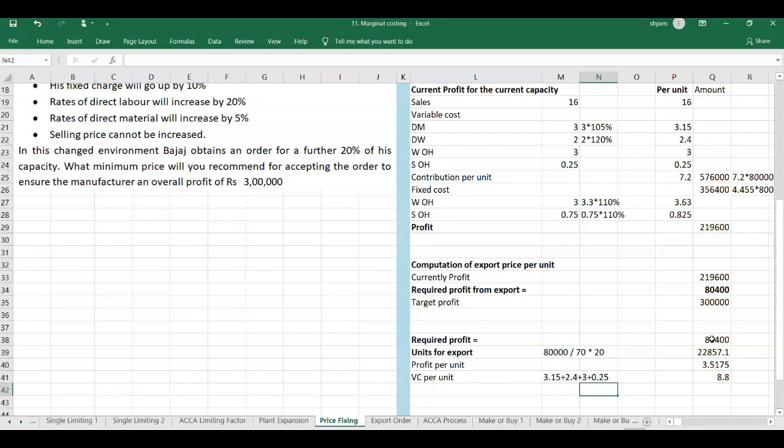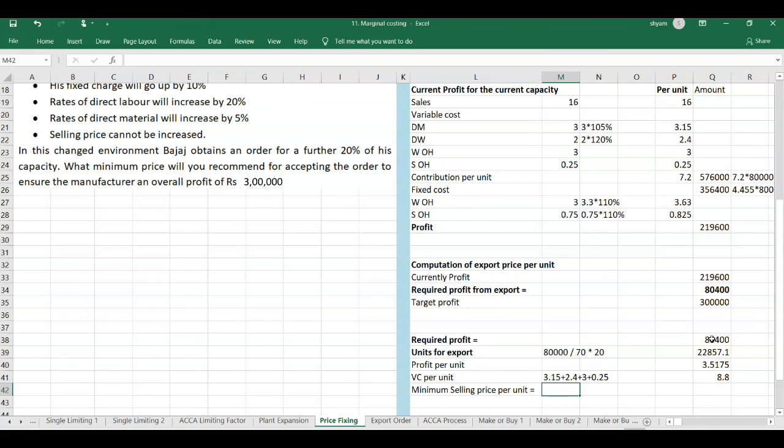So the minimum selling price per unit can be this. You can add both of these and you will get the answer.